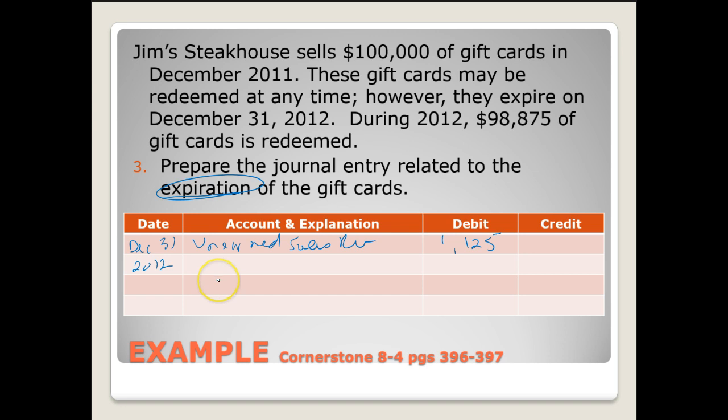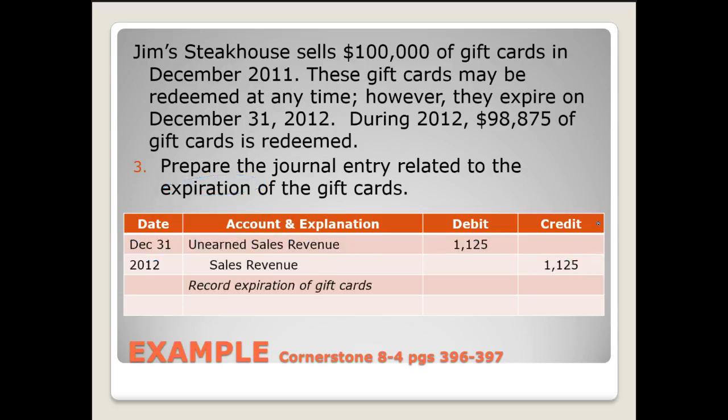But what do I do with the credit entry? Well, it turns out the business can also record the unused gift cards, the expired gift cards, as sales revenue for that period. Because after all, they'd received the $100,000 in full a year before.